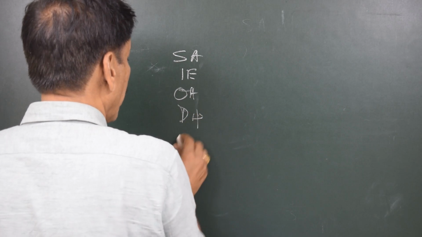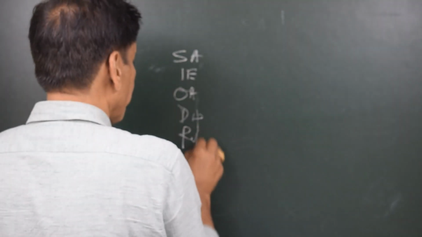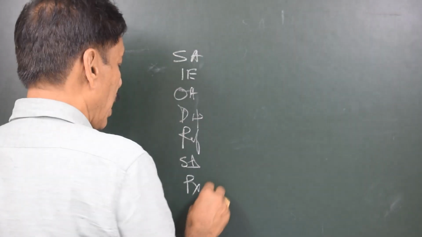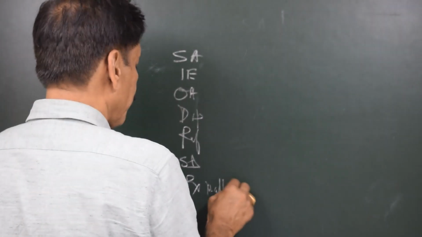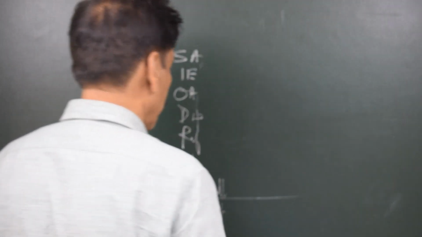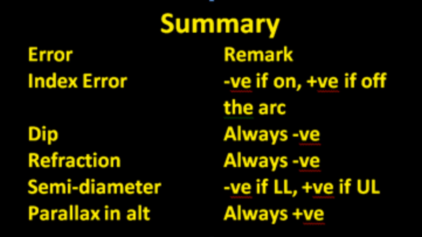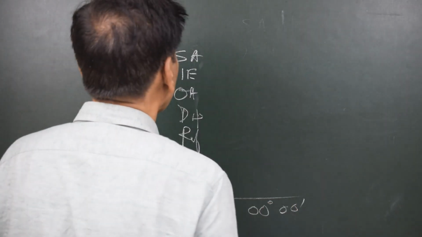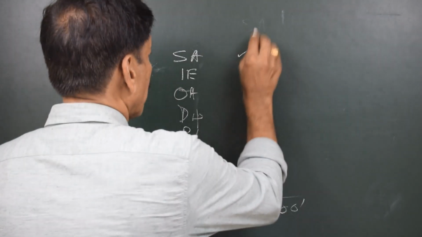dip, refraction, semi-diameter, and parallax in altitude. That will give you the true altitude. So the true altitude for sure is 0 degrees 0 minutes. We start with the sextant altitude.